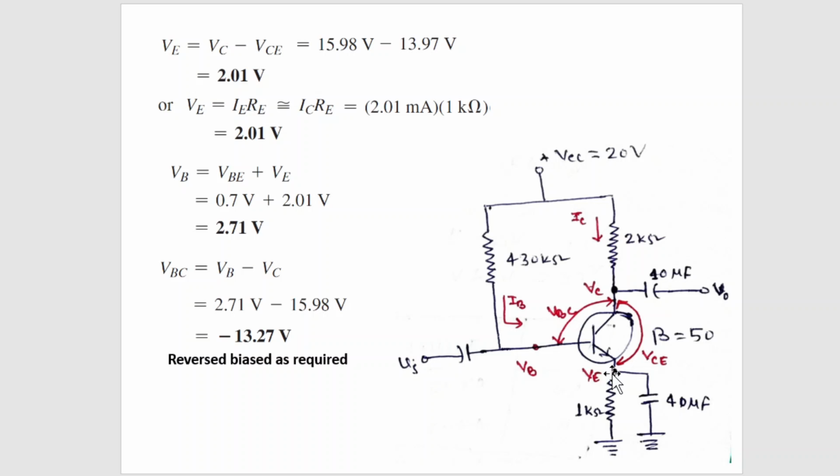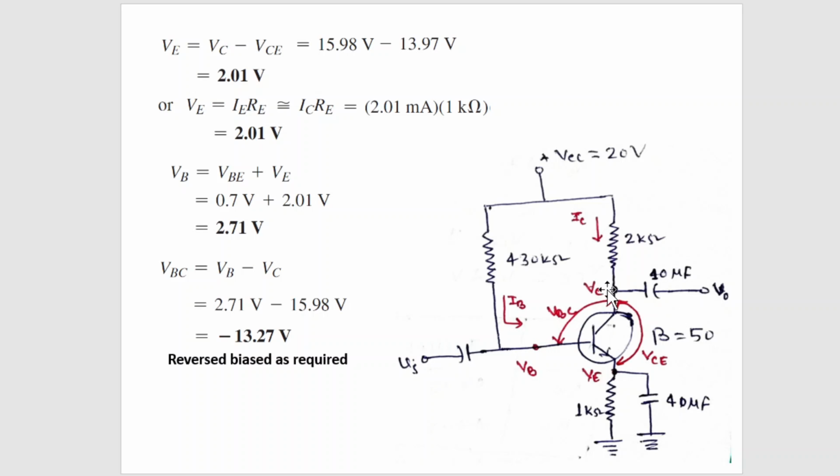Now, if the emitter voltage is known, and the base emitter voltage we know is 0.7 volt, then the base voltage can be determined.